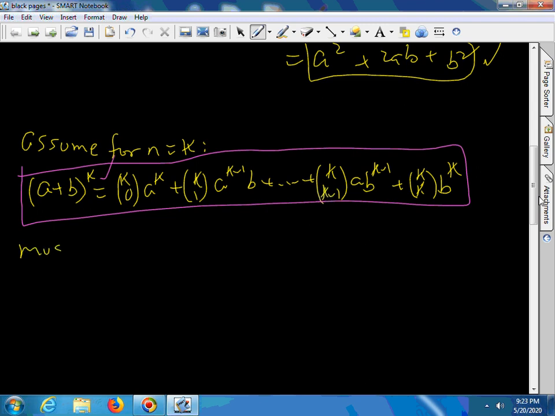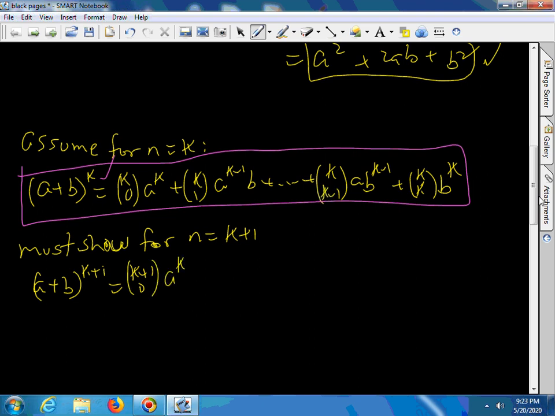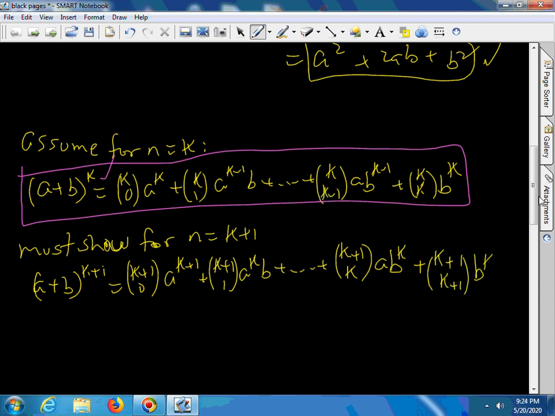Now we must show, for the next n, that is k plus 1, that (a + b) to the k plus 1 is equal to k plus 1 choose 0, a to the k plus 1, plus k plus 1 choose 1, which is a to the k times b, all the way down to k plus 1 choose k, a b to the k, plus k plus 1 choose k plus 1 times b to the k plus 1.